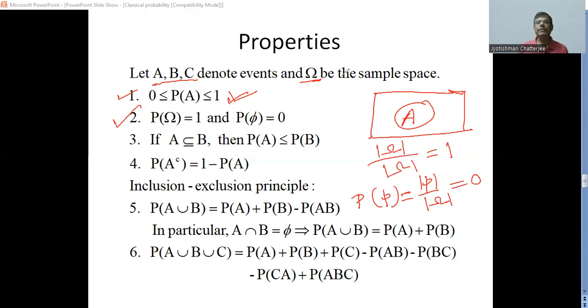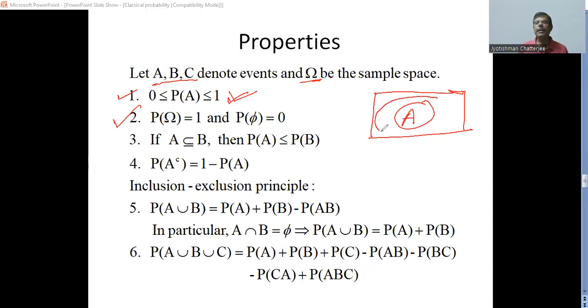Suppose we have got two events. The events are namely A and B. And event A is part of event B. Either same or event B is larger. That is the symbol, this. That means A is either a smaller event than B or they are equal. In that case, what happens?